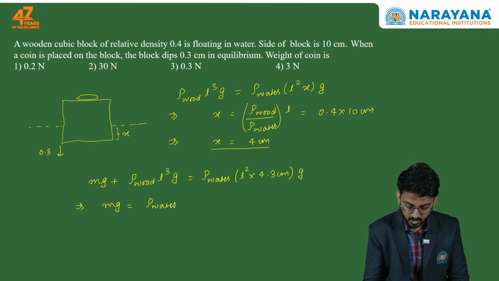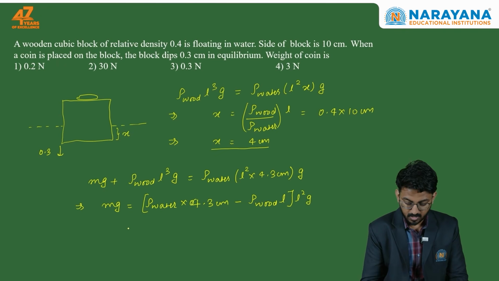rho water into 4.3 centimeter minus rho wood L here, and entire thing multiplied by L square G. So density of water in SI units is going to be 1000.